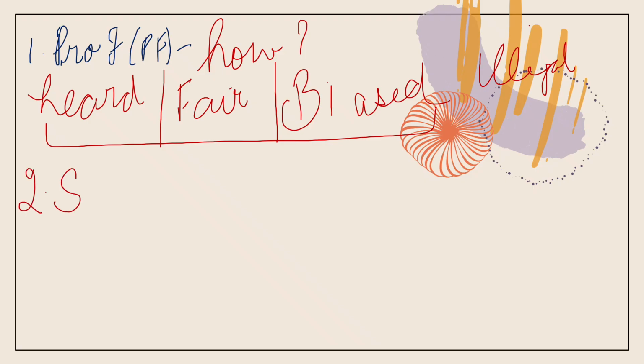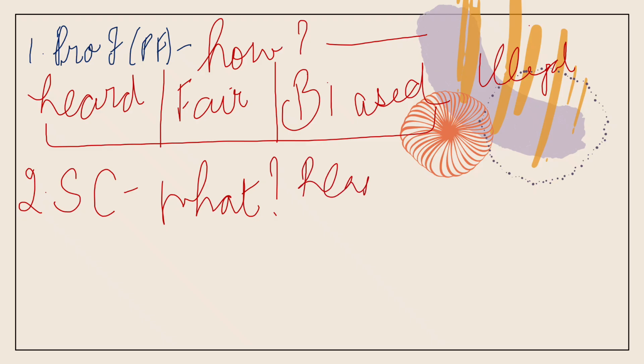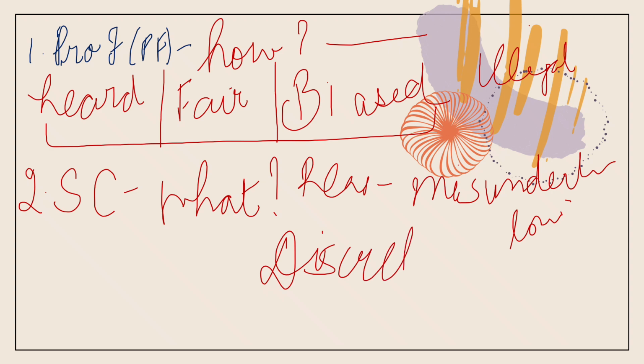Next is substantive constraints. What decision was made? After going through a particular road, where you reached, that destination, was that right or wrong? Was the decision reasonable? Did the decision maker misunderstand the law? Did they misuse their discretion, their power, their authority?